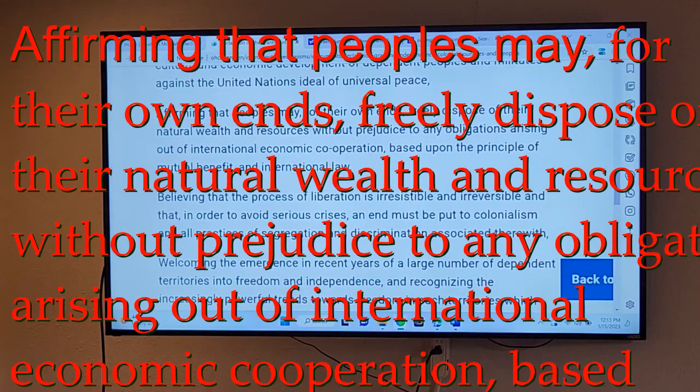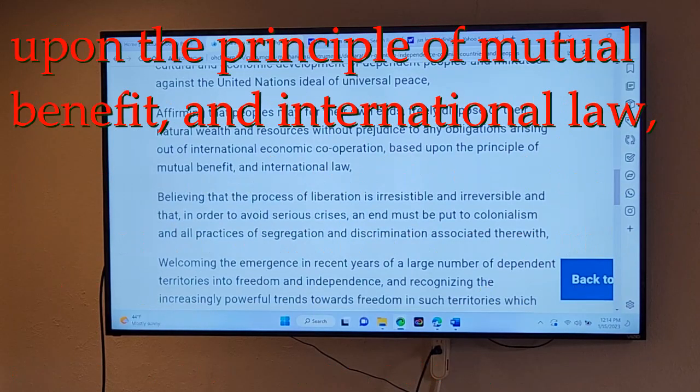Affirming that peoples may, for their own ends, freely dispose of their natural wealth and resources without prejudice to any obligations arising out of the international economic cooperation based upon the principles of mutual benefit and international law.